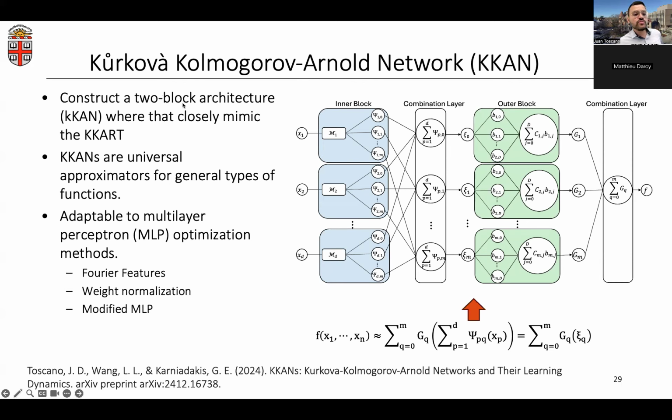It's a 2-block architecture: the inner blocks try to approximate the inner functions, which are inside this G, and the outer blocks approximate the outer function. One thing that is known is that maybe one of the hardest parts to learn in these KART representations is the inner functions.